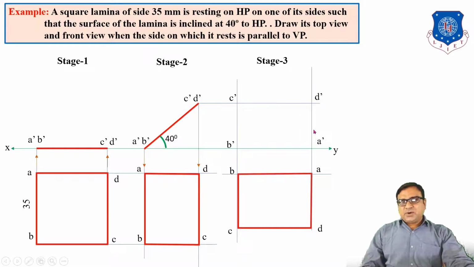When we join straight lines between all these points, we get the front view of the required conditions. So our stage 3 front view and top view is our final answer, but we cannot draw the front view and top view directly. So we will go step by step and reach the required conditions.